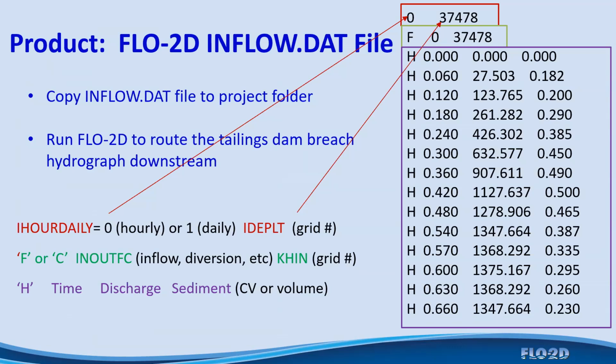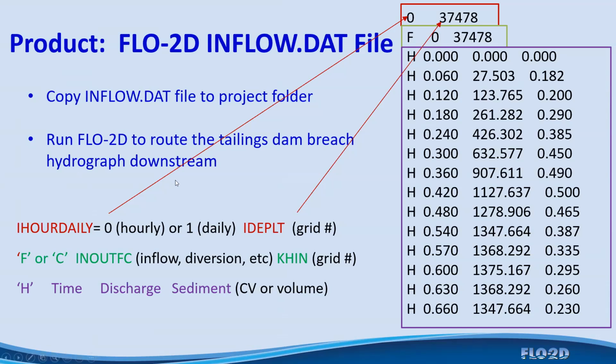So that hydrograph that is imposed as a boundary condition, and that contains basically the release volume from your tailing dam, will be routed in the FLO-2D model downstream as a mudflow and will create the inundation area and all the results for your FLO-2D model.